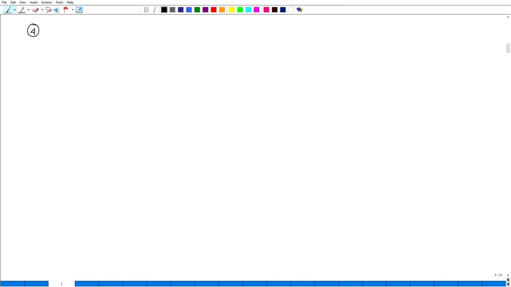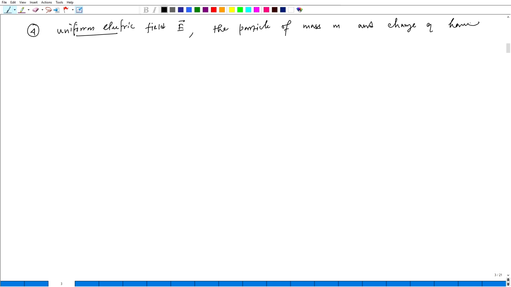So if we consider a uniform electric field E, in a uniform electric field E, a particle of mass m and charge q has an acceleration a vector equal to q times E vector over m.